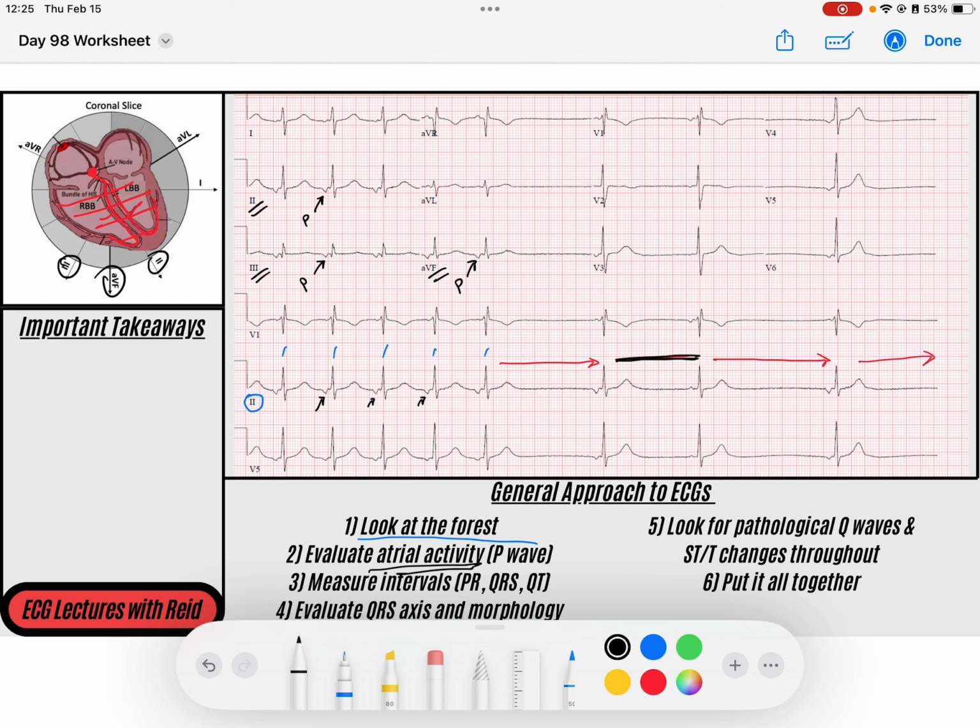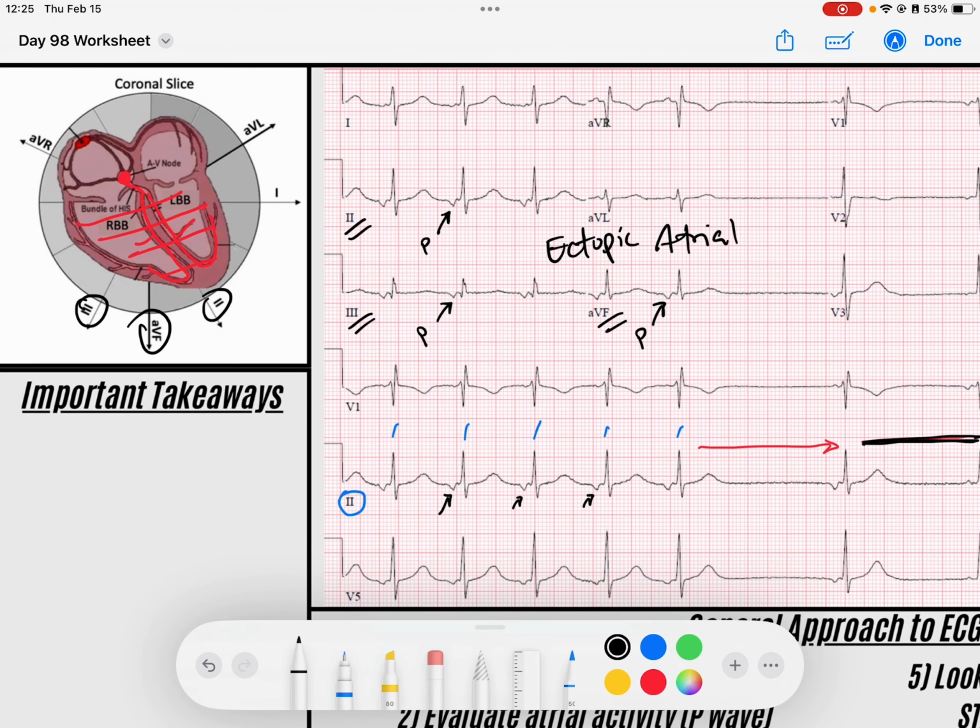That tells me that this is an ectopic atrial rhythm, right? Because depolarization throughout the atria is occurring from inferior to superior, and that would really only happen if there was some atrial focus that was firing off and causing depolarization to occur in that fashion.